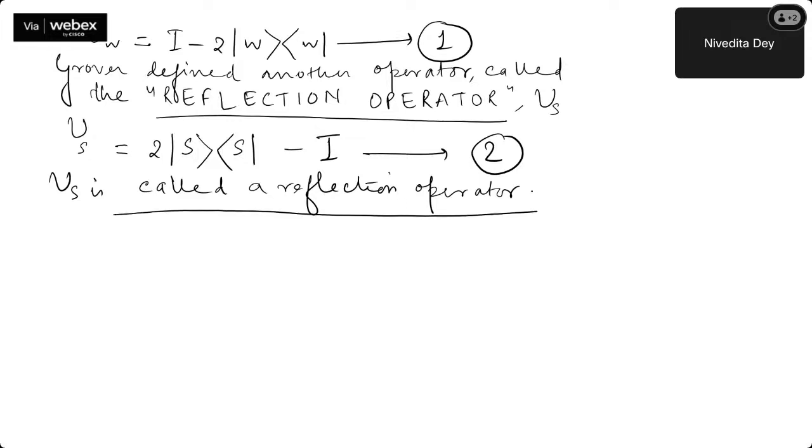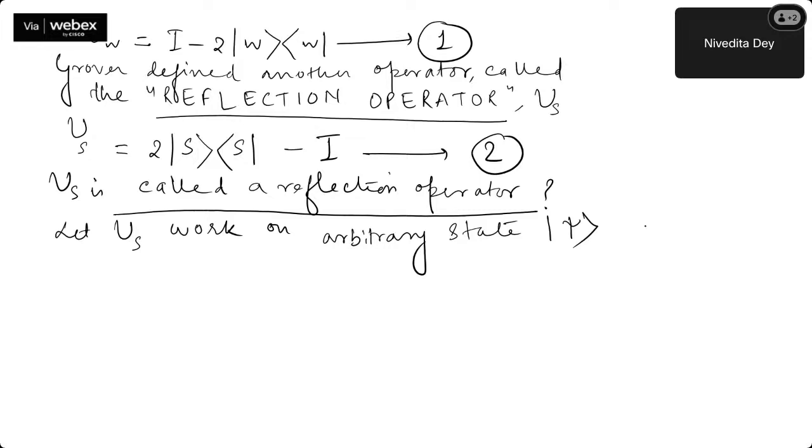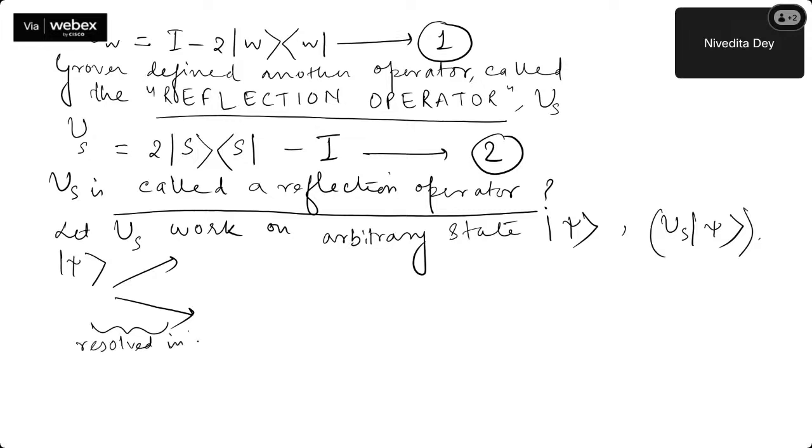Let US work on an arbitrary state psi. Then what will happen? US acting on psi. Any state psi will be resolved into two further components.